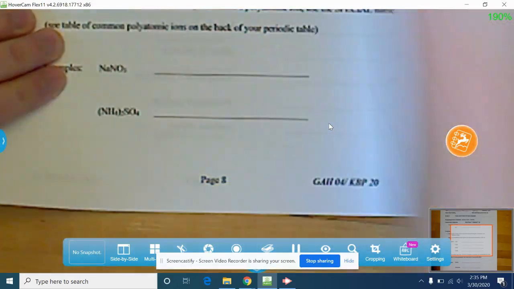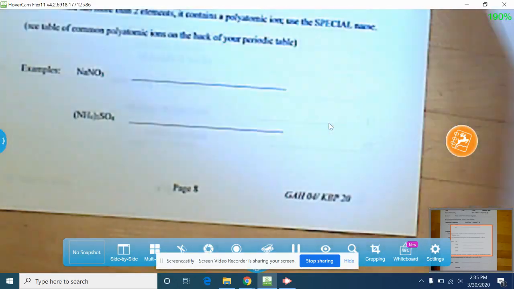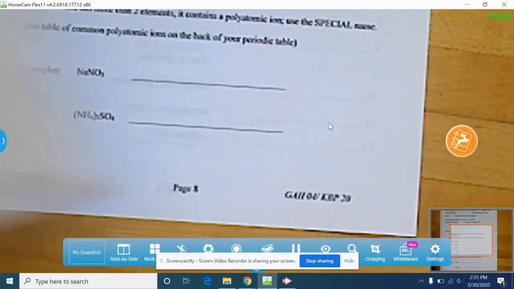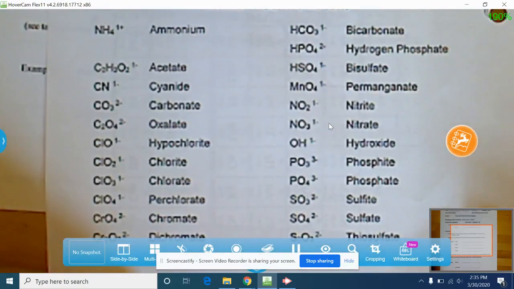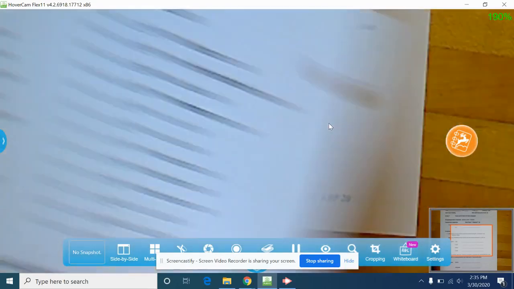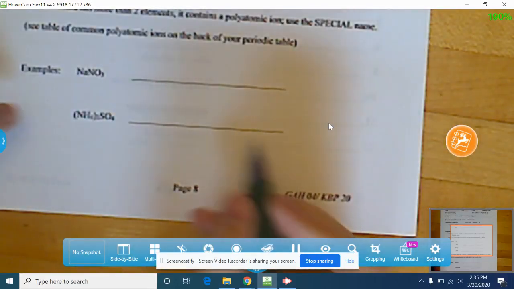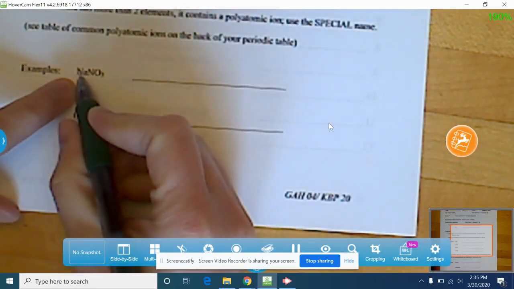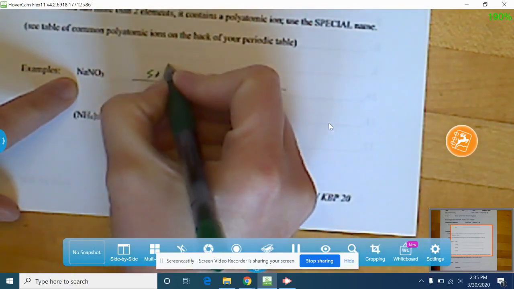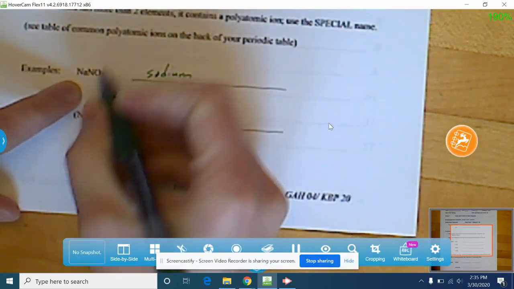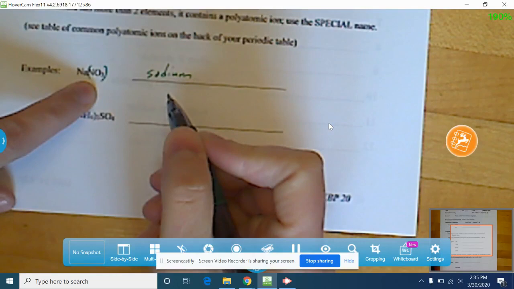Moving to the bottom of this page, remember we can keep track of polyatomic ions. Those are the ones on the back of your periodic table, right? The ones that look like that. Naming it works exactly the same. Na, if it's a regular element, stays the same: sodium. But then NO3, remember, is our family.